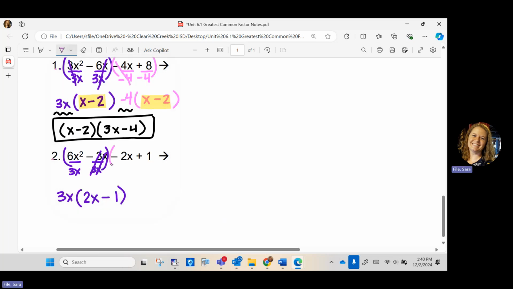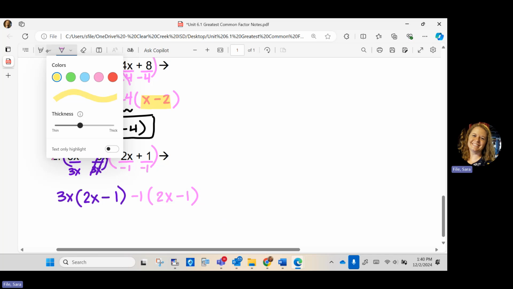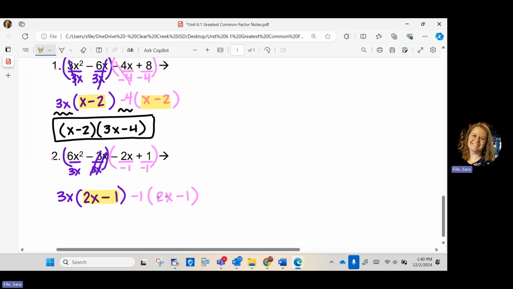Okay, now the second group, I want to end up with the same remainder, remember? So I want to change these signs again. There's no number that I can divide out, but I can divide out that negative 1 so that it leaves me with positive 2x minus 1. Because the whole goal is you should get these two matching.